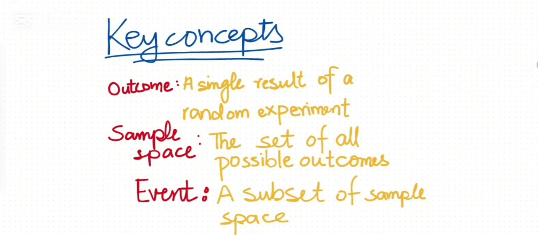So the key concept you have to keep in mind in the probability chapter is a random experiment: any process or action that produces an outcome where the results cannot be predicted with certainty. For example, rolling a dice, tossing a coin. So, let's move on to the outcome.